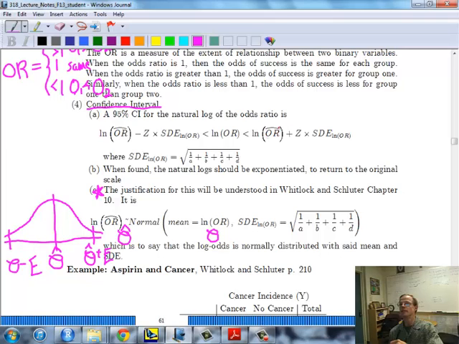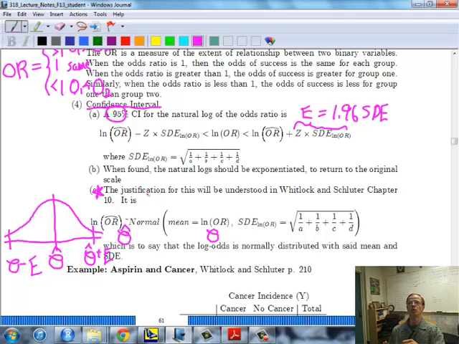And as we said before, the margin of error is that z-score, which for the 95% confidence interval is 1.96, times the standard error. And that will do it.